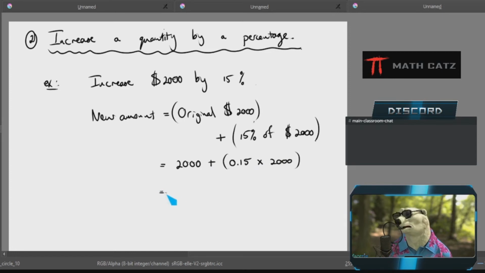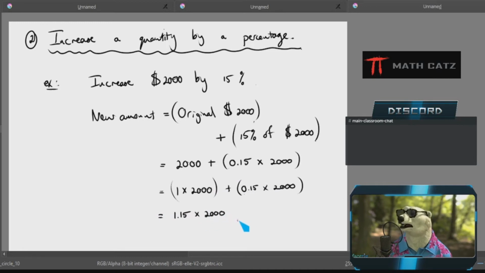Now I'll elaborate here, not to confuse you, but to be as detailed as possible. I have one of my original 2,000. I get another 0.15 of 2,000. How many 2,000s do I have? 1.15. If you want to see it in a different way, I factor out the 2,000: 1 plus 0.15.